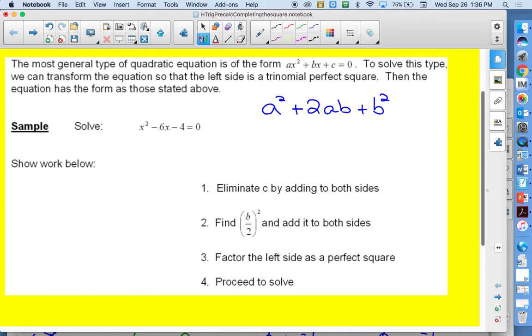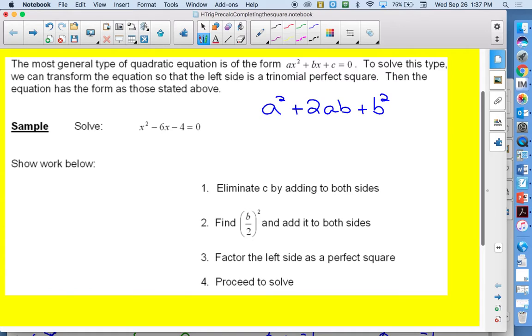That middle term, you have to take the first and the last and double it to get to the middle. So if you're looking at this example, we have x squared minus 6x minus 4. Yes, 4 is a perfect square, but negative 4 is not a perfect square. So you can't just keep it as is and try and work with it because it's not factorable, it's not a perfect square. So we're going to try and complete the square to see if we can get it in this trinomial form.